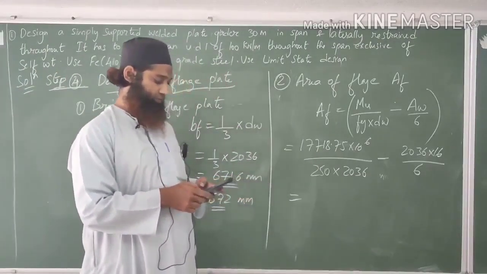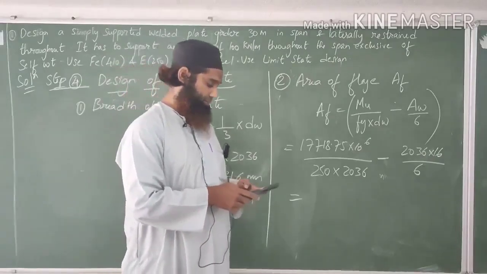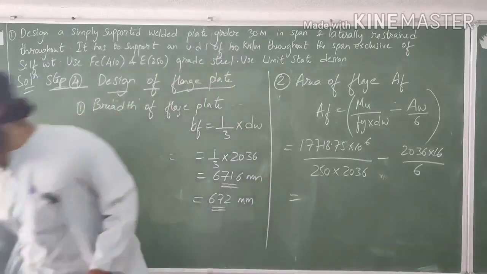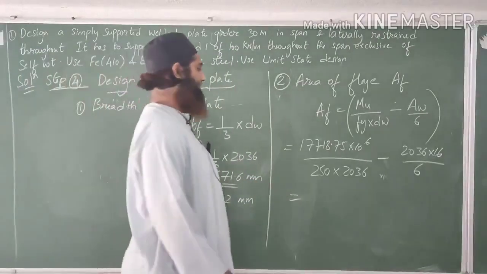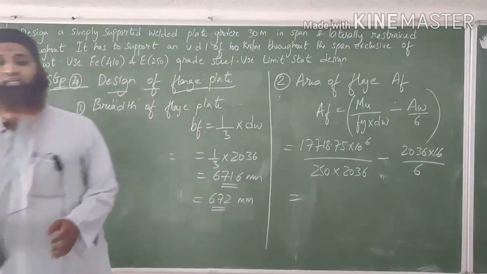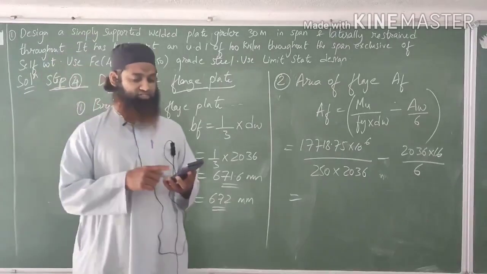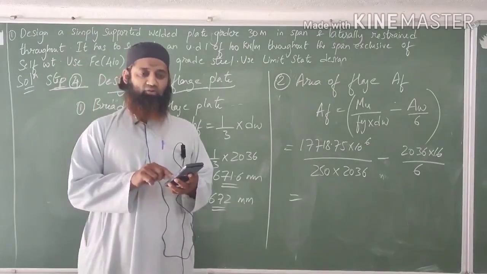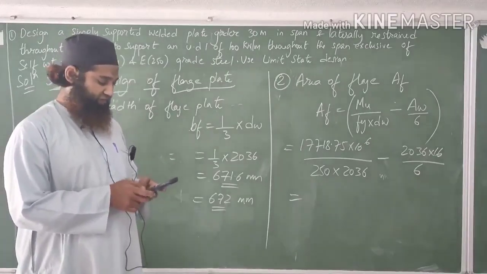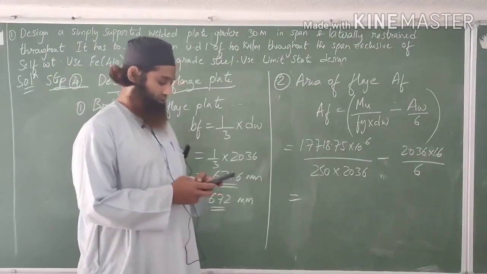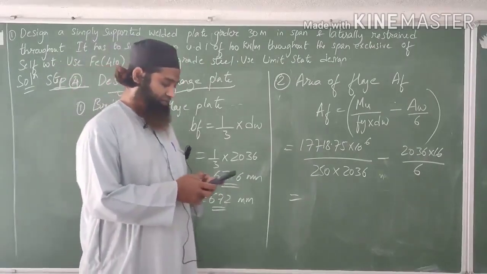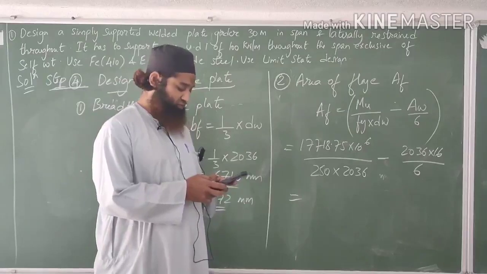177.75 into 10 to the power of 6, divided by 250, into 2036 minus 2036 into 16 by 6.